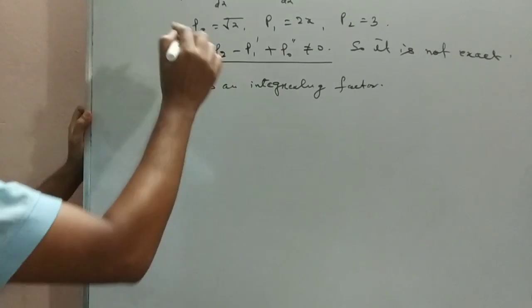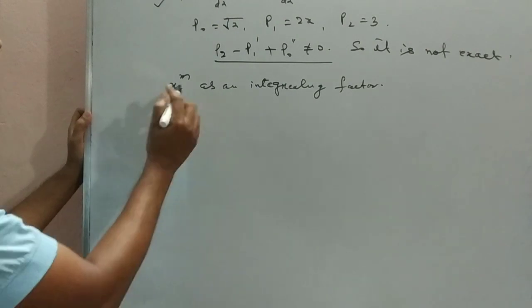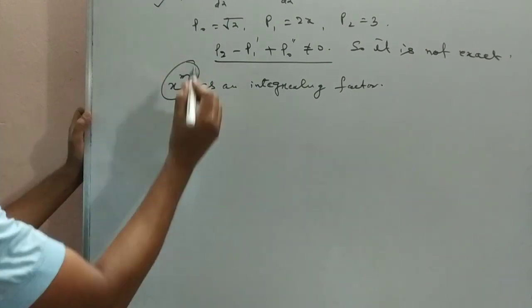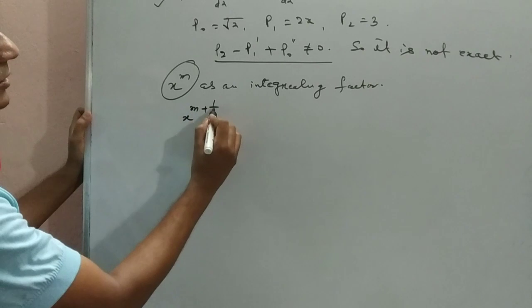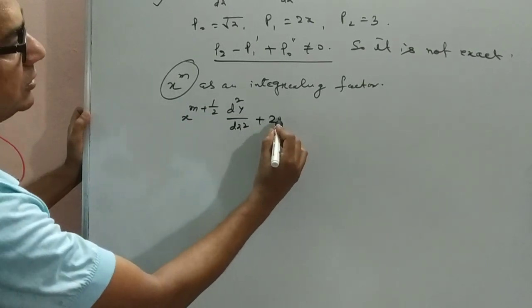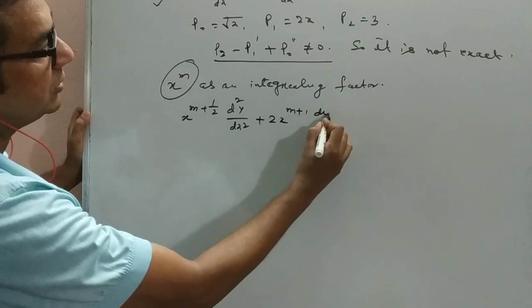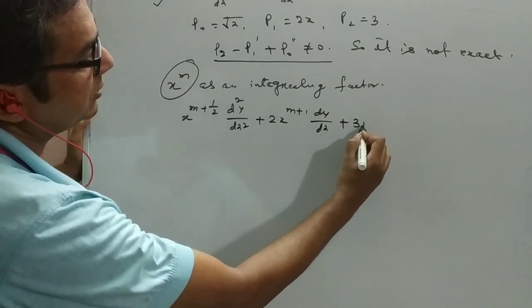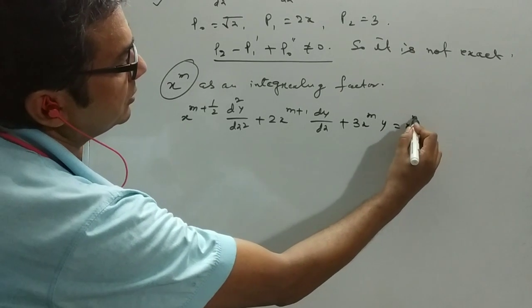Now we multiply both sides of this equation by the integrating factor x to the power m, and we get, right.